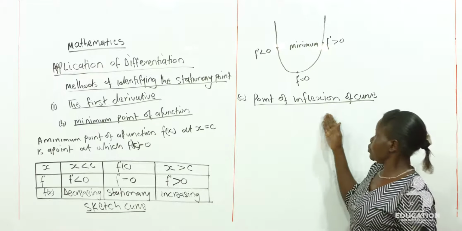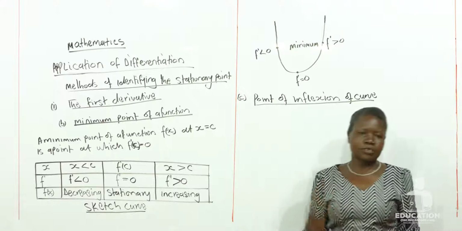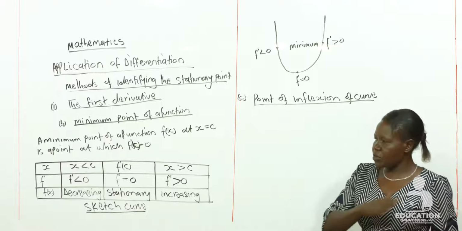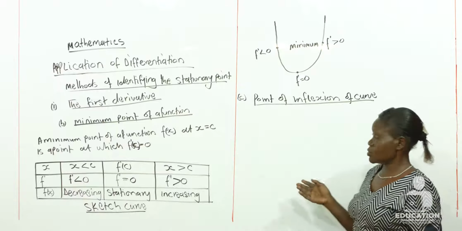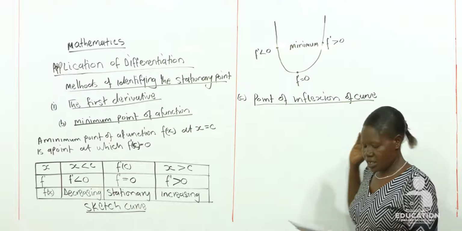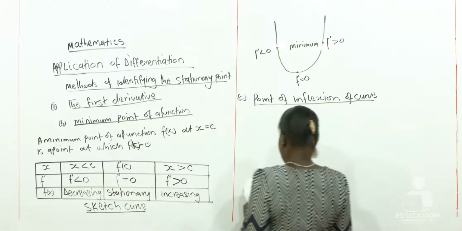But when it comes to inflection, the gradient will be constant. It does not change. It can be positive throughout, or it can be negative throughout. That is what happens in the case of inflection of a curve.